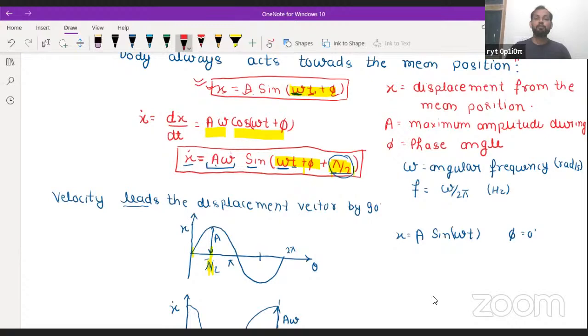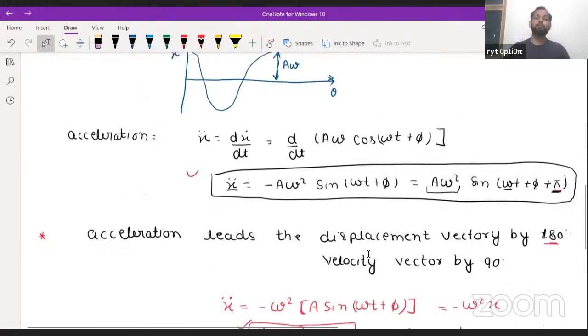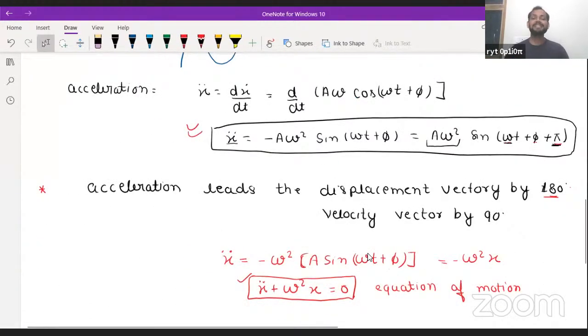So this is the equation of motion in displacement, the equation of motion in terms of velocity, and this is the equation of motion in terms of acceleration as well as displacement. Most of the time in vibration problems you will get the equation of motion something like this. So please remember this equation, because we are going to face similar situations in vibration problems. Fine.